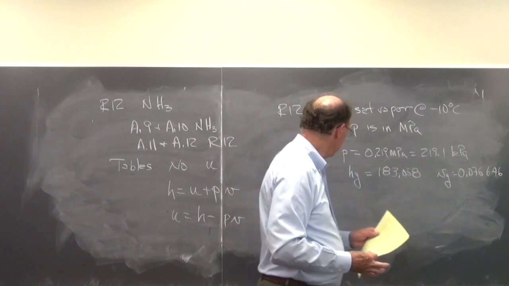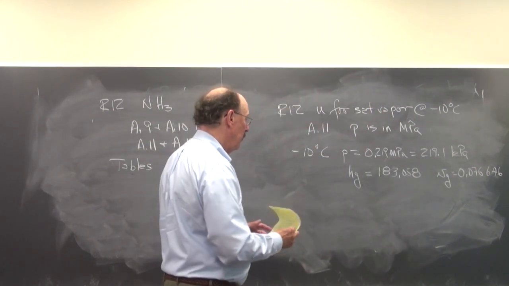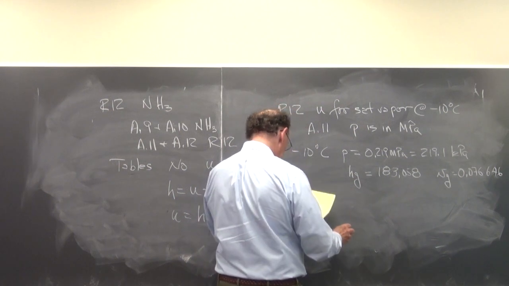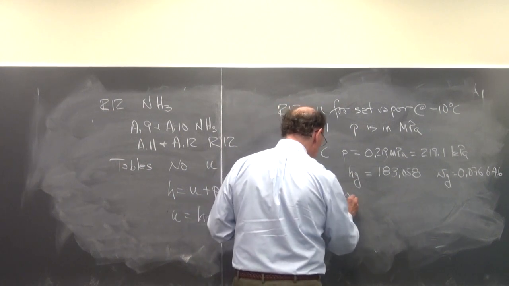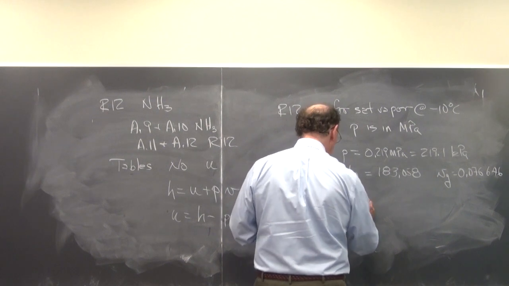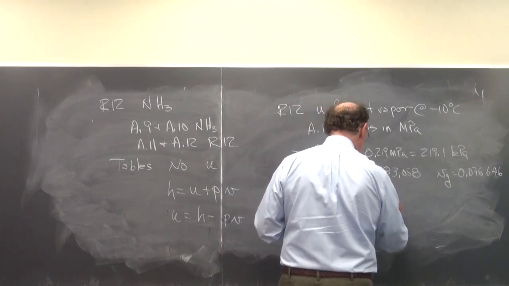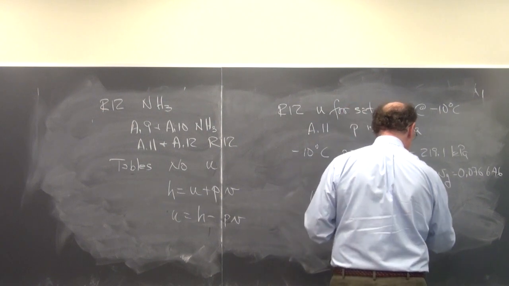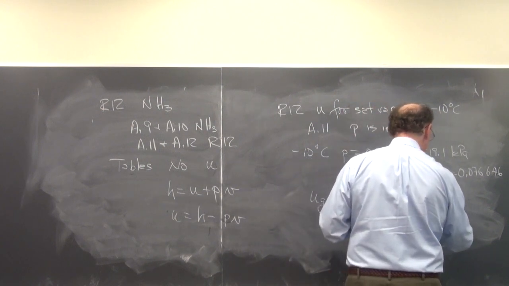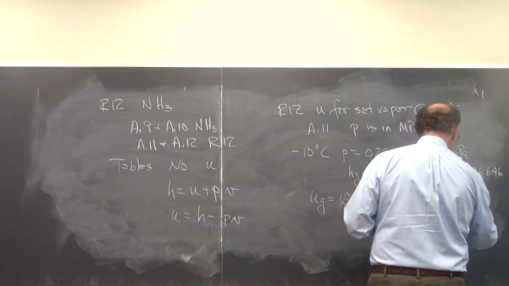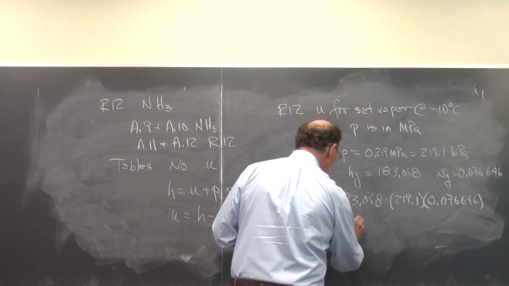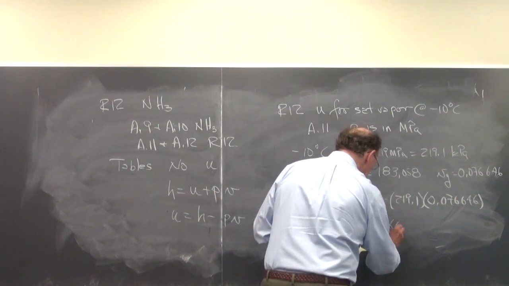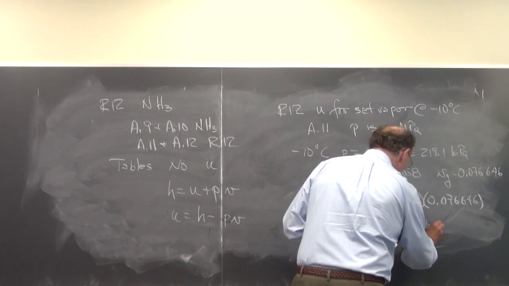So basically, we're going to substitute into the equation that we just did for internal energy. U sub G is equal to 183.058 minus the pressure, 219.1, times the specific volume, 0.076646, and we find that U sub G is equal to 166.26 kilojoules per kilogram.